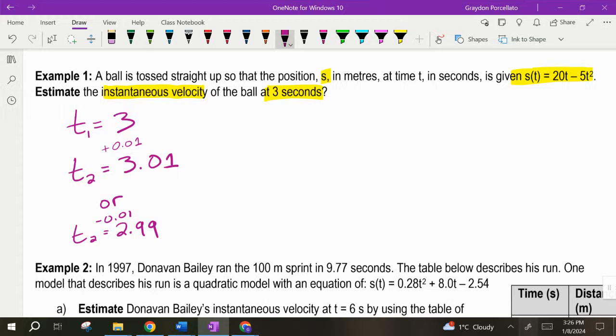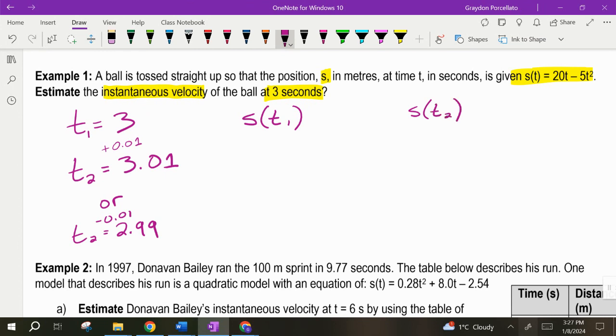Either of these numbers is going to work. It's totally up to you which one you would like to use. So what that means is now I want to find my corresponding y values. So I'm going to find what is S of t1 and what is S of t2.